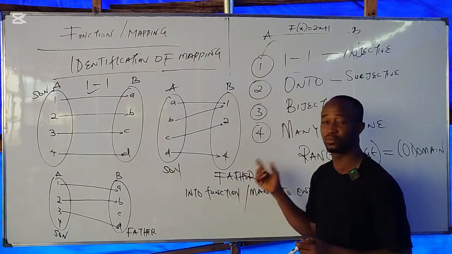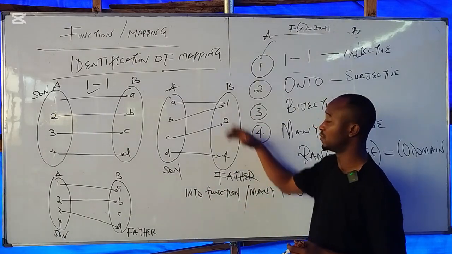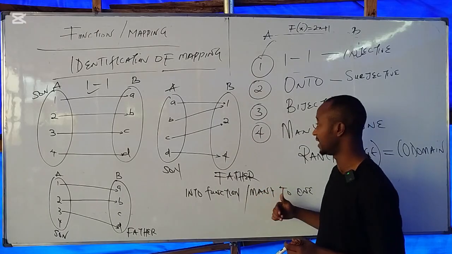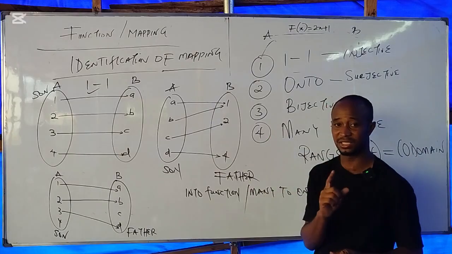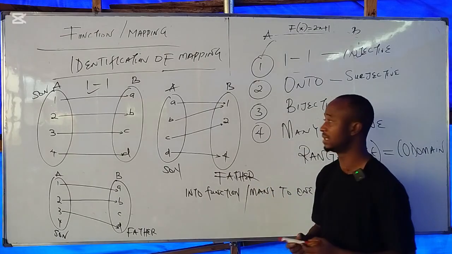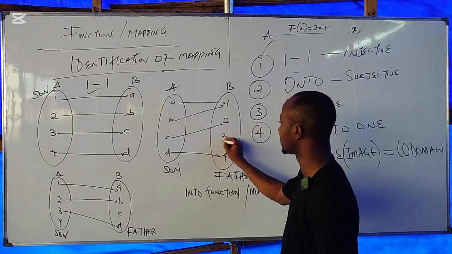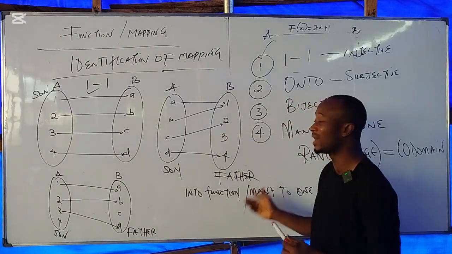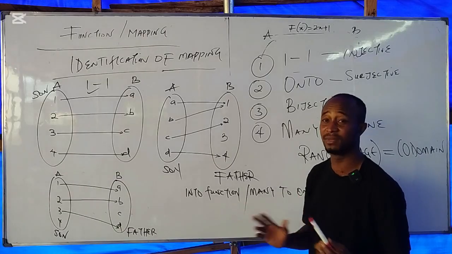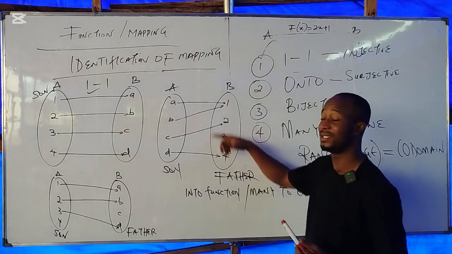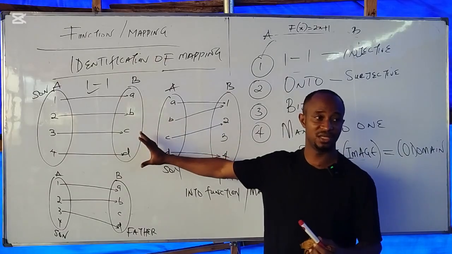But don't forget that in an onto function, every element in the codomain must be assigned to at least one element in the domain. But if I have an element here, 3, this is no longer an onto function. The reason is that not all the elements in the codomain have an image in the domain.